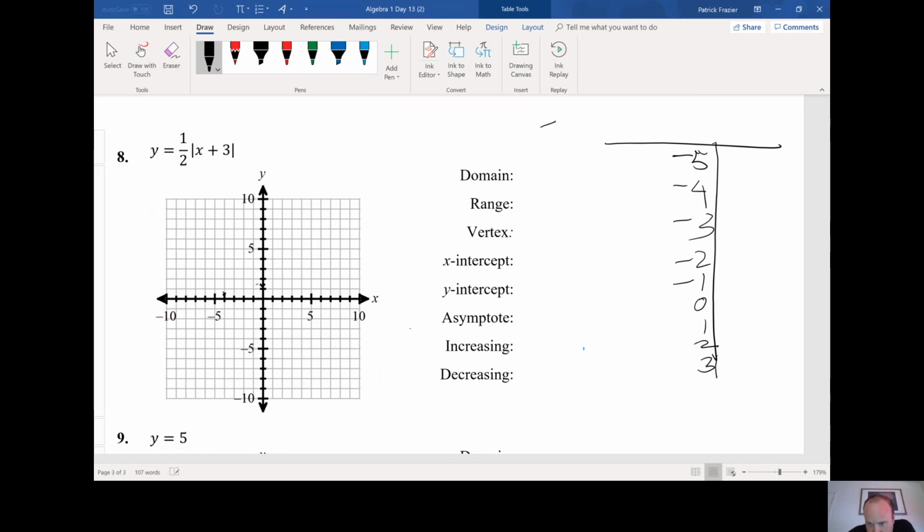Okay, so let's start at 0. If I plug in 0 for x, that's going to be 1/2 times the absolute value of 0 plus 3.